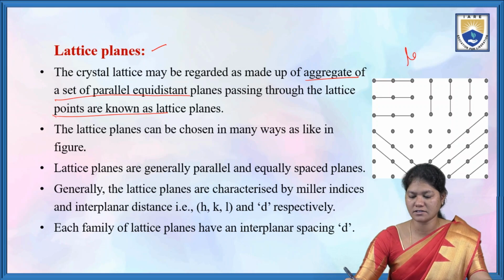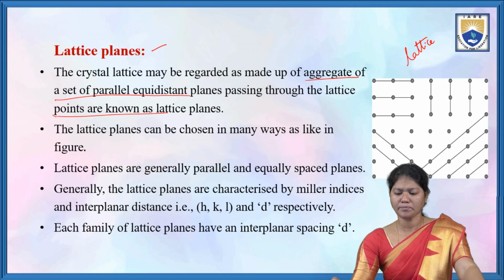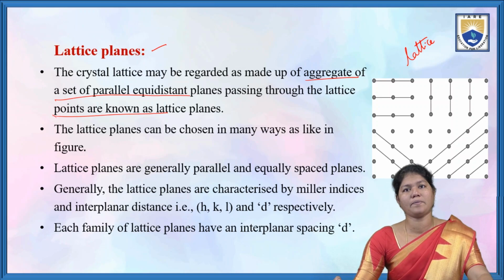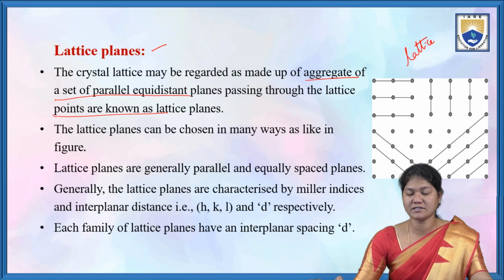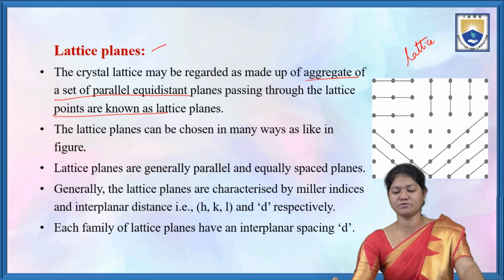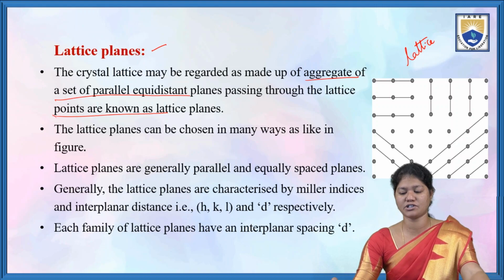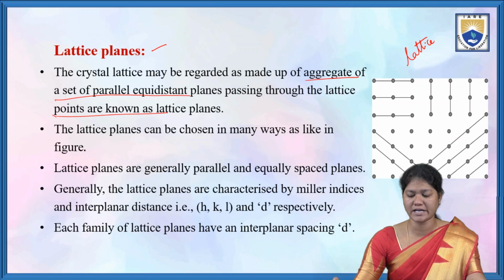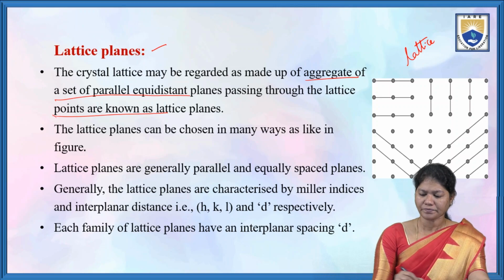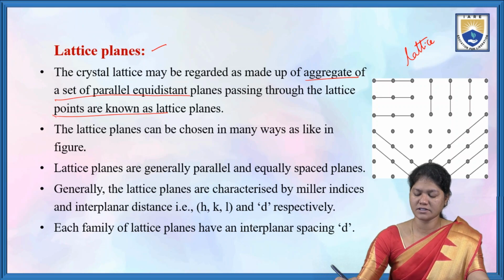A lattice is nothing but points which represent the atoms. Instead of atoms, we are replacing them with points in two or three dimensions, and then it represents the lattice.